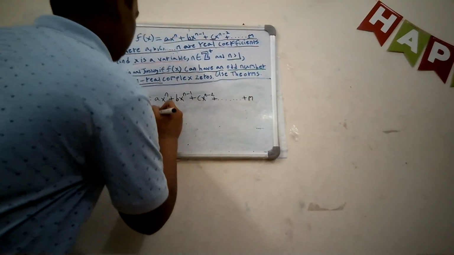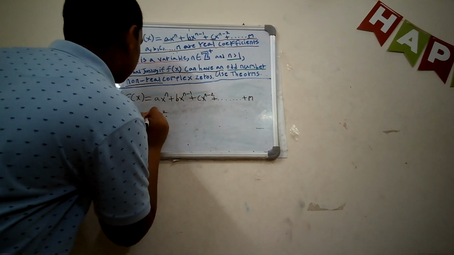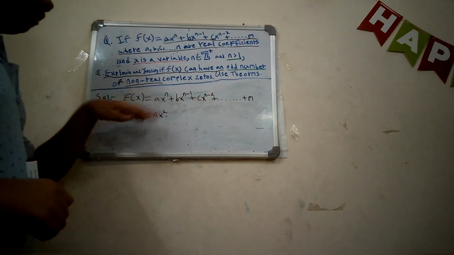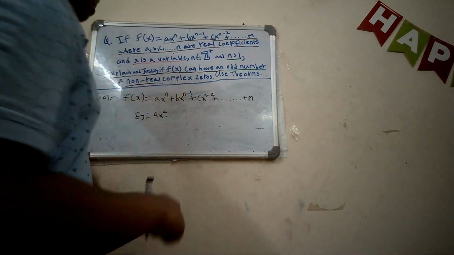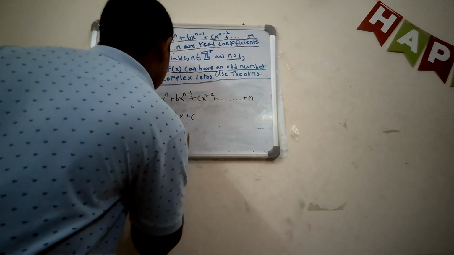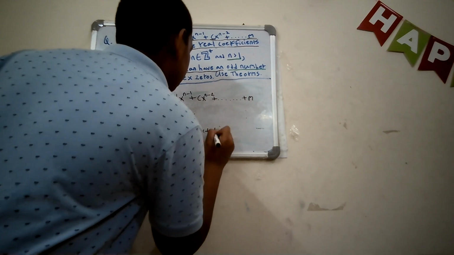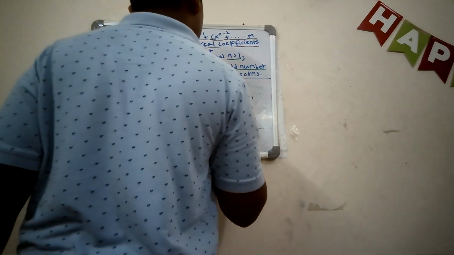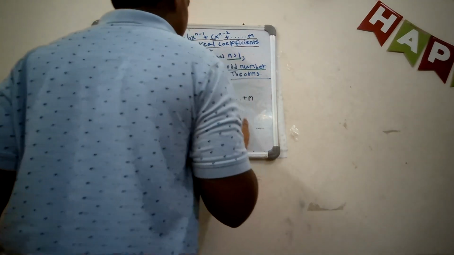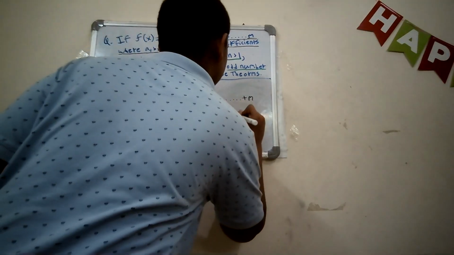It's like when we have a quadratic polynomial in the form ax squared plus bx plus c, or ax cubed plus bx squared plus cx plus d. These are just examples; this is just a general form. This is a quadratic.